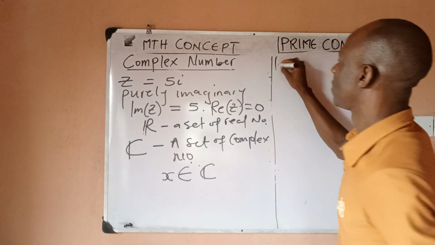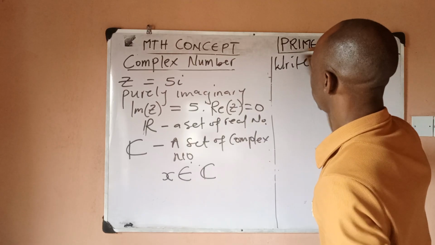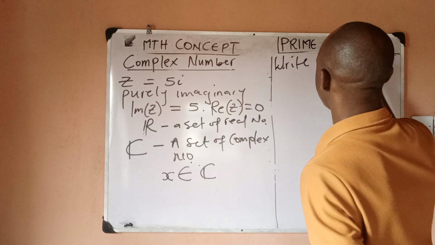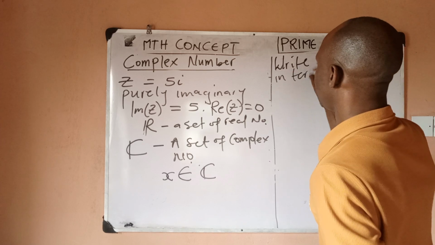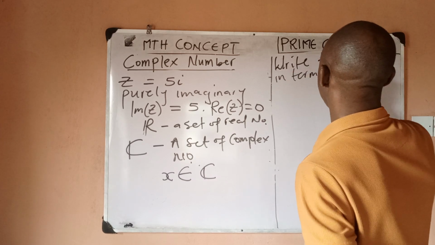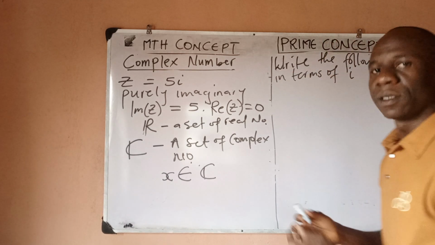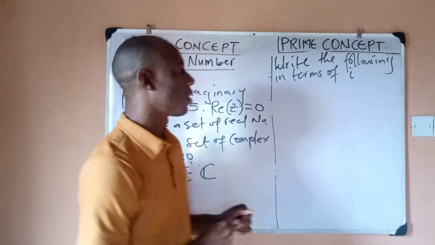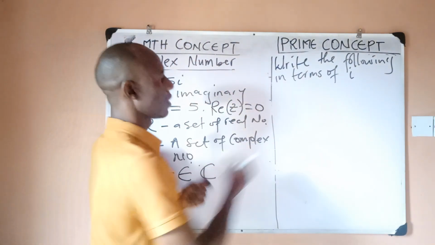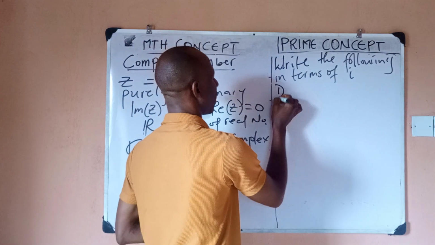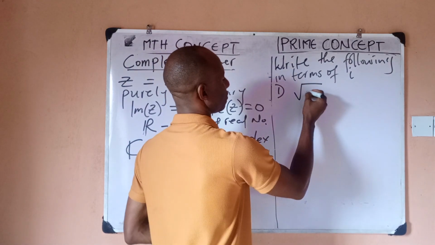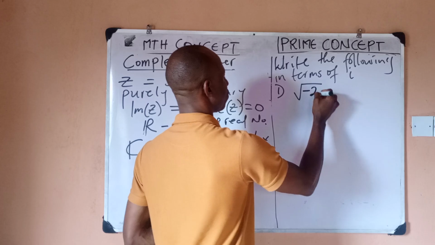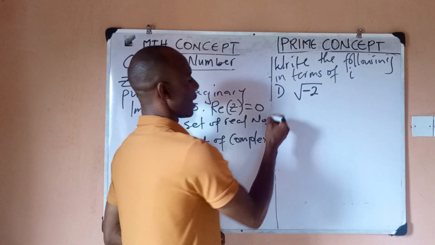So write the following in terms of i, the imaginary factor. So we want to write some complex numbers in terms of i. Number 1, we want to write the square root of, let's say, minus 2 in terms of i.